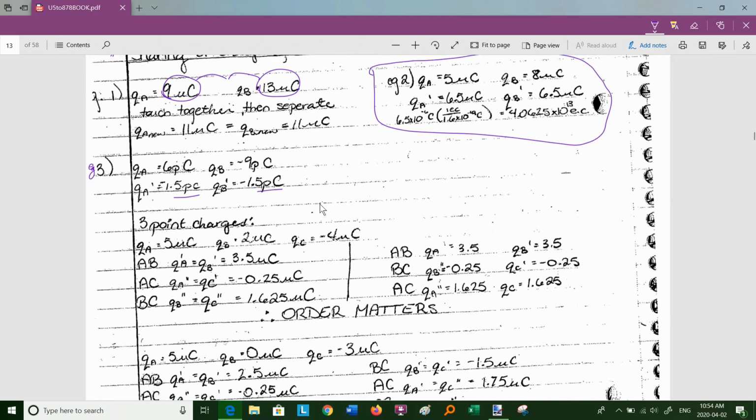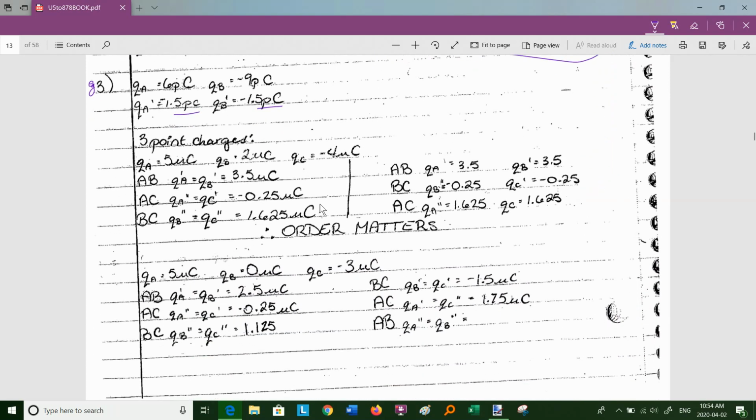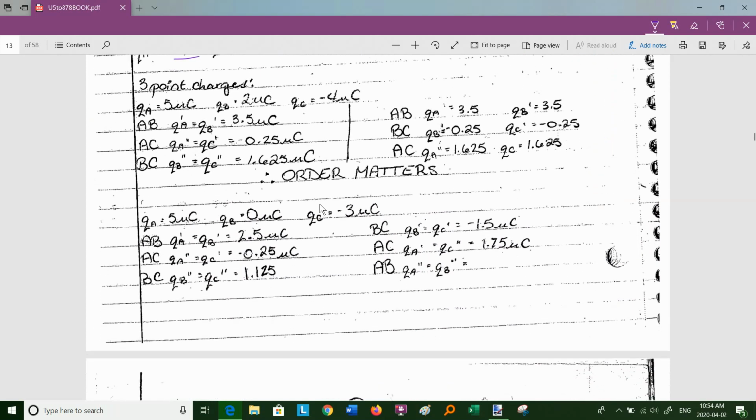Now, what if you have 3 charges? Okay, so 3-point charges. Initially, I have a charge of 5 microcoulombs on A, 2 microcoulombs on B, and negative 4 microcoulombs on C. So I have 3 identically sized, in the real limit, point charges.